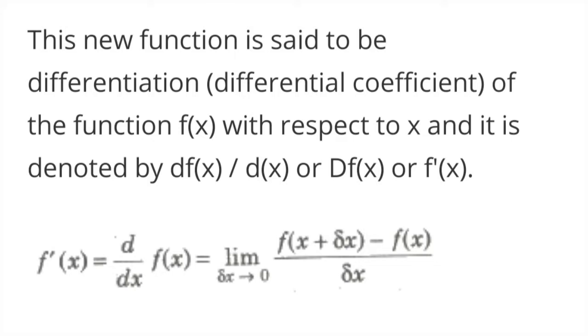So f dash x means derivative of the function is equal to d f of x by dx is equal to limit del x tends to 0, f of x plus delta x minus f of x divided by del x.